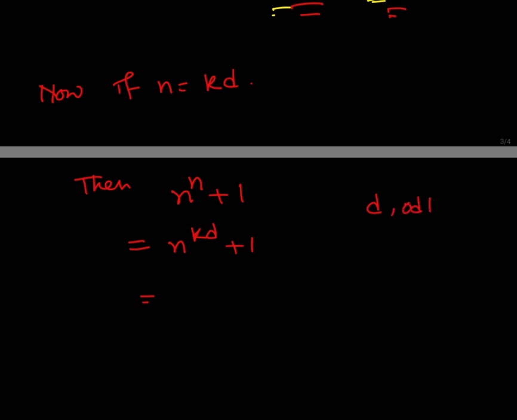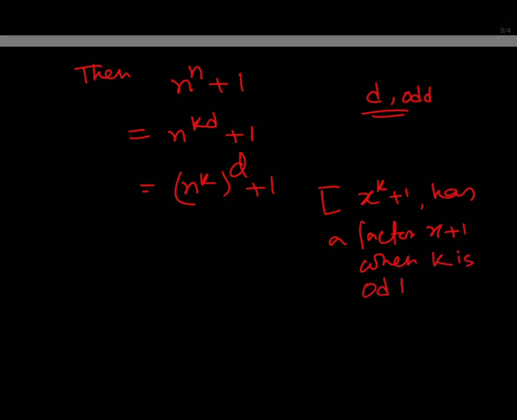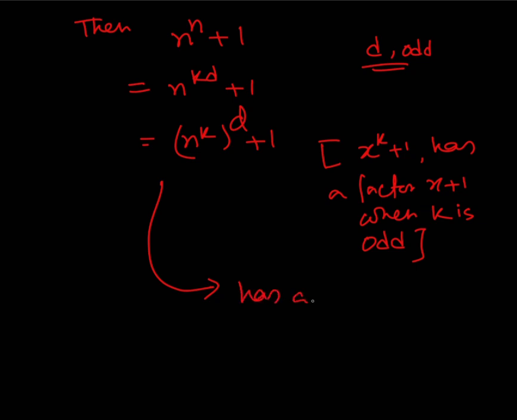Here d is odd, so this is (n to the power k) whole power d plus 1. But we know that x to the power d plus 1 has a factor x plus 1 when d is odd. Thus this has a factor n to the power k plus 1, since d is odd.